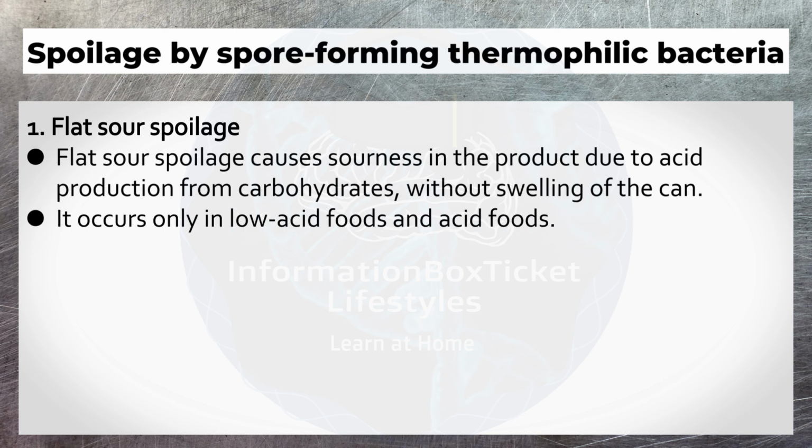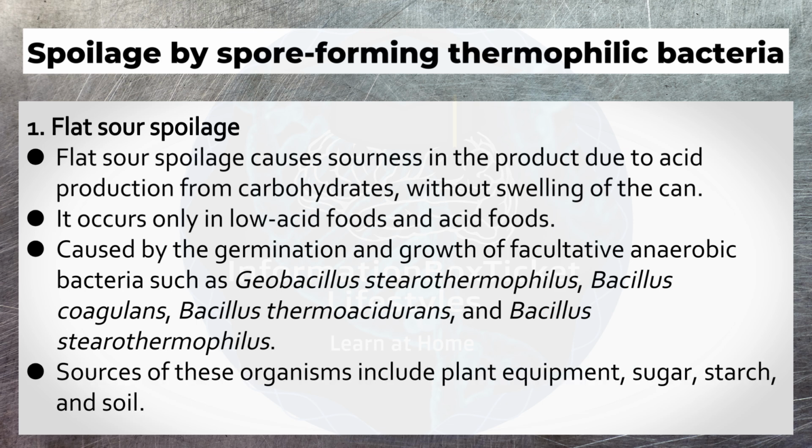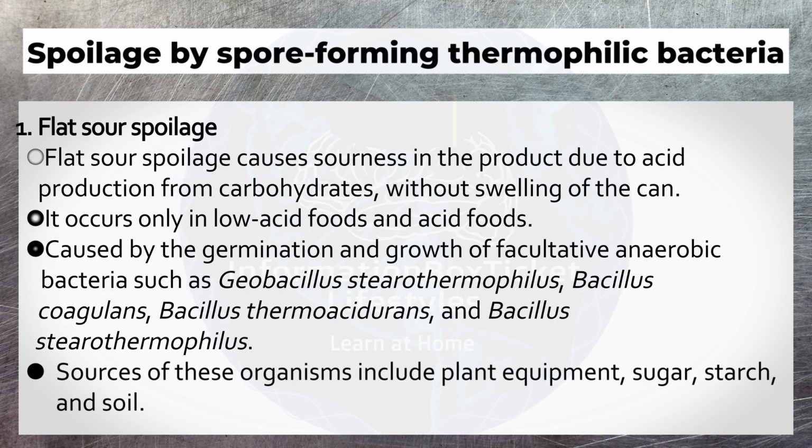It occurs only in low-acid foods and acid foods, caused by the germination and growth of facultative anaerobic bacteria, such as Geobacillus stearothermophilus, Bacillus coagulans, and Bacillus thermoacidurans. Sources of these organisms include plant equipment, sugar, starch, and soil.